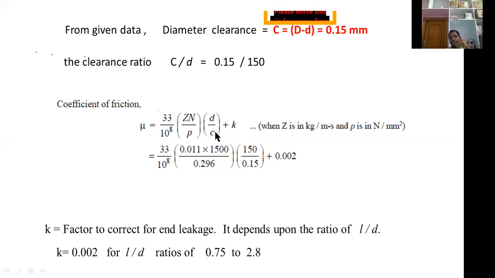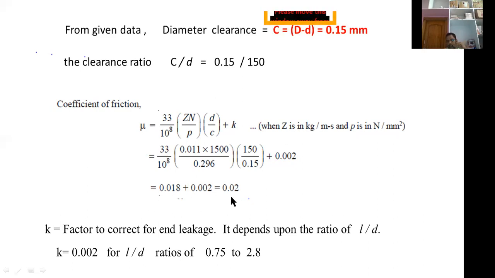The value of D by C is 150 by 0.15, where D equals 150 mm and C equals 0.15, and k equals 0.002. Finally we get the answer, mu equal to 0.02. This is the answer for the coefficient of friction. There are no units for the coefficient of friction.